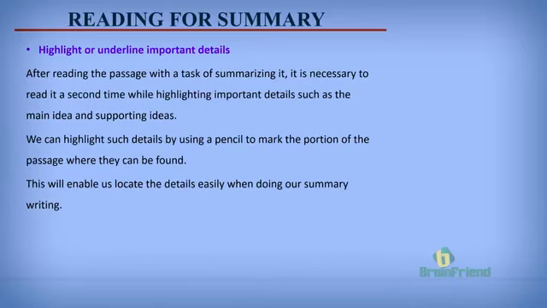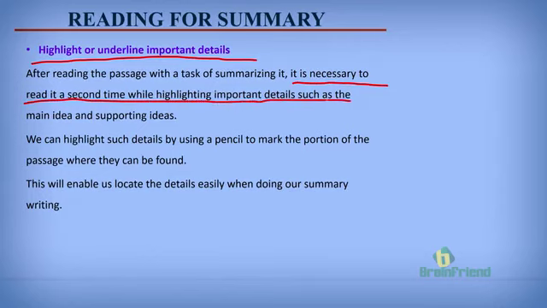Now, after reading through the passage, another thing we should do is highlight or underline important ideas. After reading the passage with a task of summarizing it, it is necessary to read it a second time while highlighting important details, such as the main idea and supporting ideas.